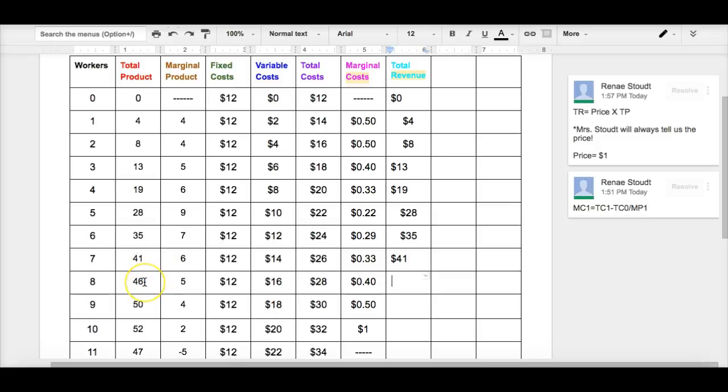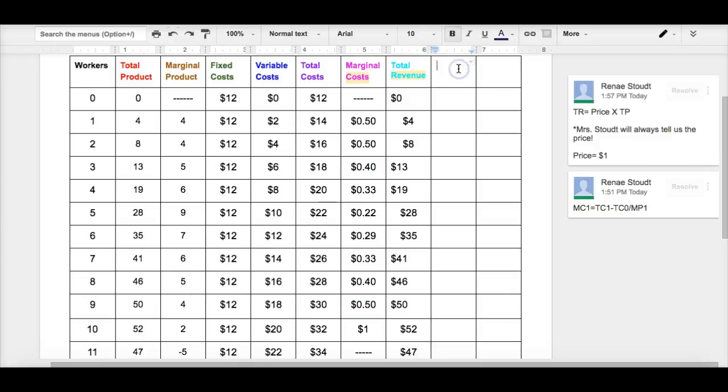At 8 workers, we produced 46 airplanes, so $46. At 9 workers, we produced 50 airplanes, so $50. At 10 workers, we produced 52 airplanes, so $52. And at 11 workers, we produced 47 airplanes, so 47 times 1 will give us $47. Easy peasy.